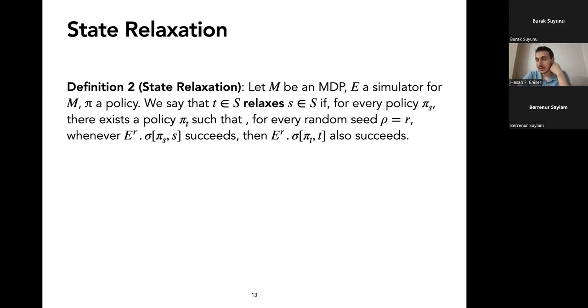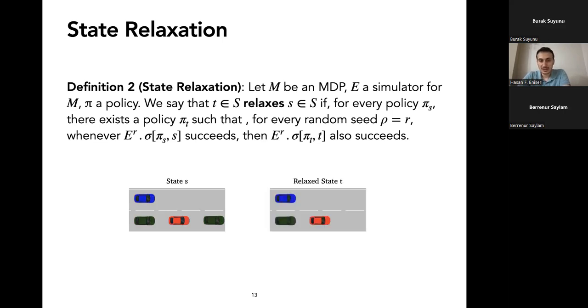So it simply says that in the space of policies, the policies that can succeed in state T cover the policies that can succeed in S. That's why state T relaxes state S. It's a more relaxed version of state S. As you have seen before, if this is the state S, then this is the relaxed state T.